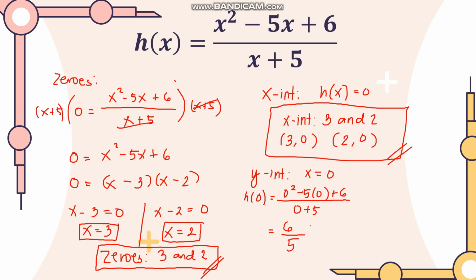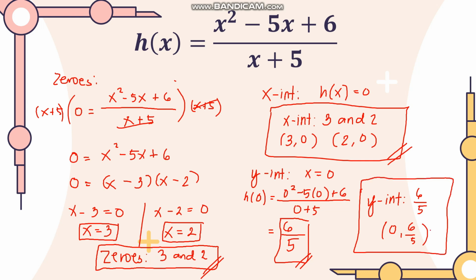We cannot simplify it any more. So our answer is 6 over 5. So our y-intercept is 6 over 5. Okay? And if you want to put it in coordinate form, we have (0, 6/5). So this is now our y-intercept.